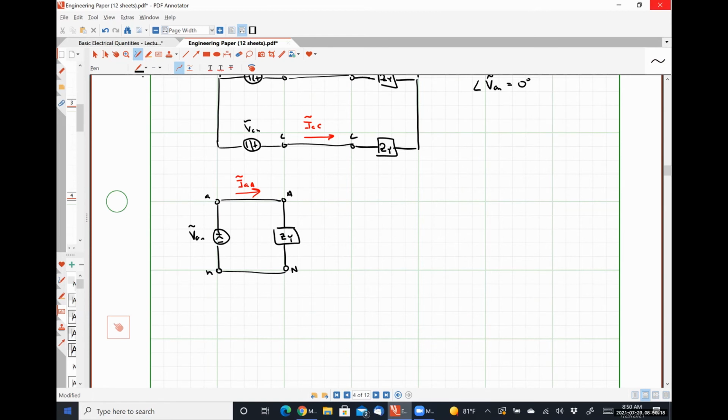So we should be able to see fairly trivially, in this case, that IAA is just going to be VAN divided by ZY.